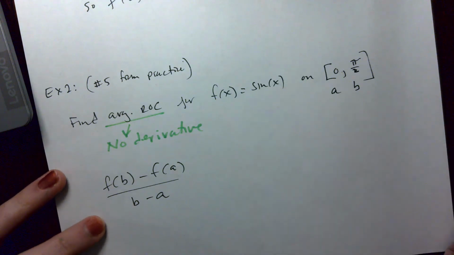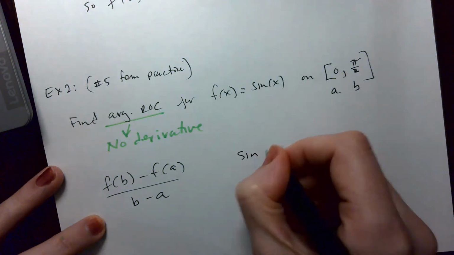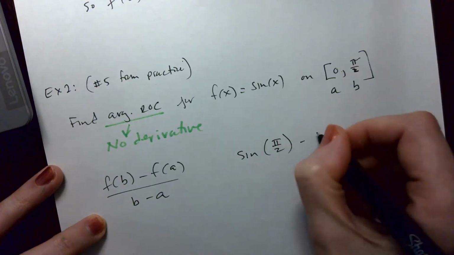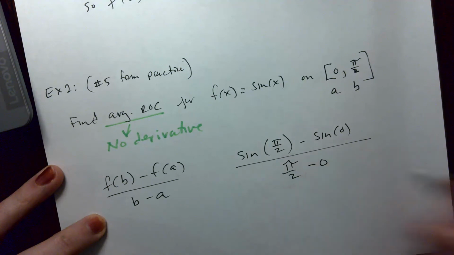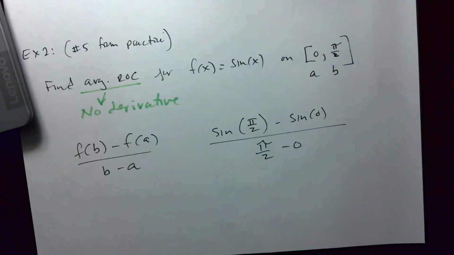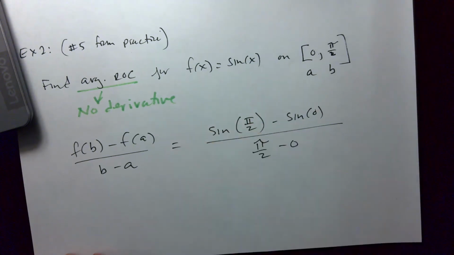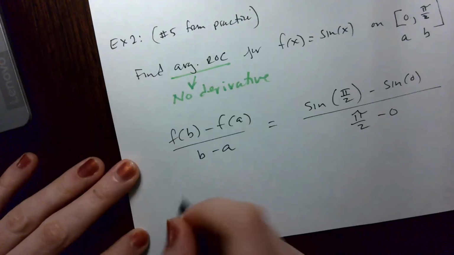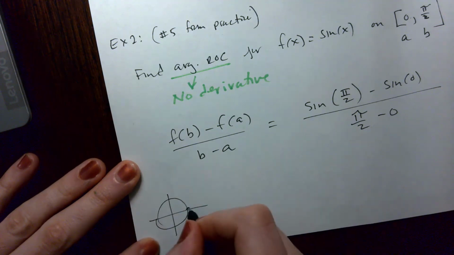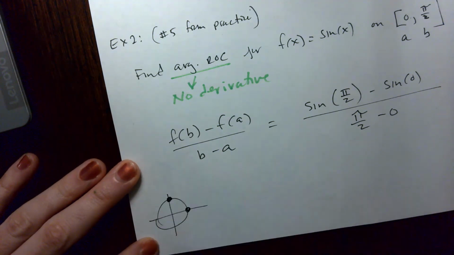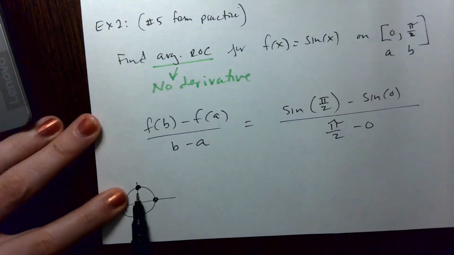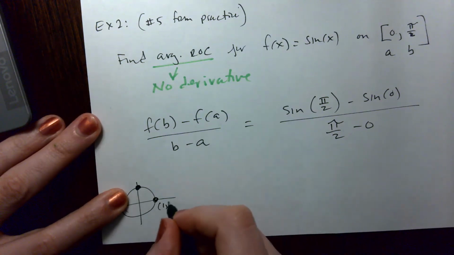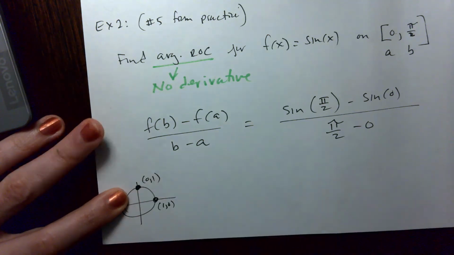That's just normal slope. This is like a, that's like b. So we're doing sine of pi over 2 minus sine of 0, all over pi over 2 minus 0. You want to know your trig stuff. Sine of pi over 2 is 1, because that's the point 0, 1, and sine is the y-coordinate.